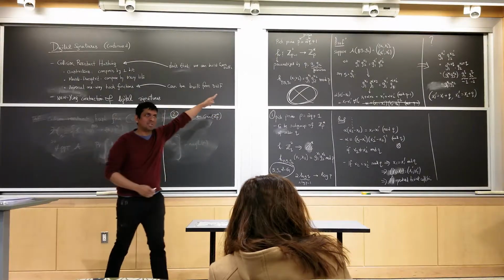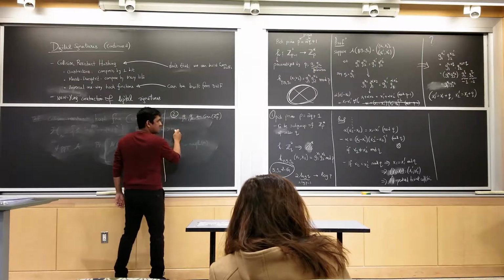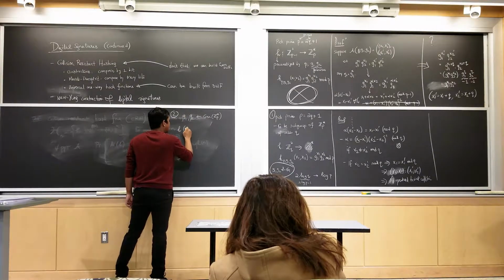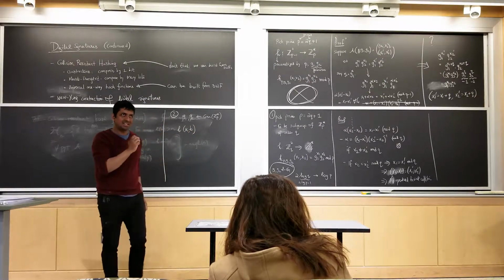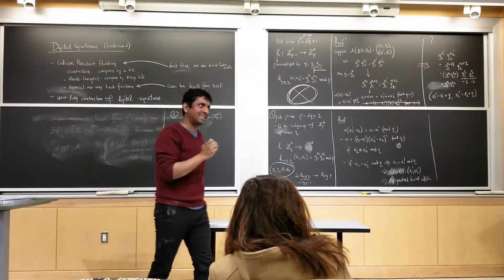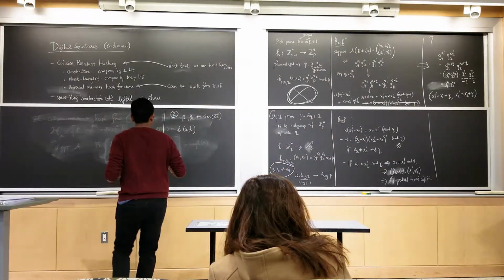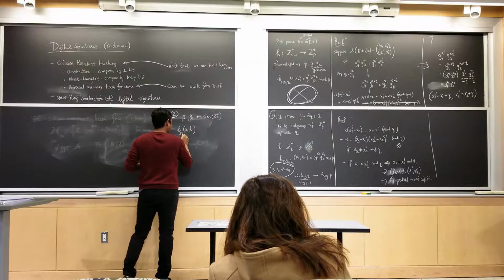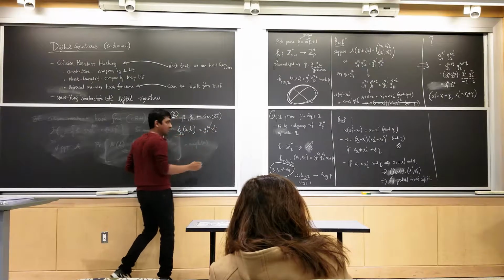I'm going back to the construction that didn't work, and I'm going to fix it in a different way. What does hash do? Hash takes x1 and a bit b. I'm not going to take big x1 and big x2. I'm going to do g1 to the x1 and g2 to the b.